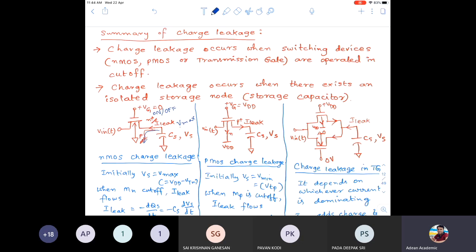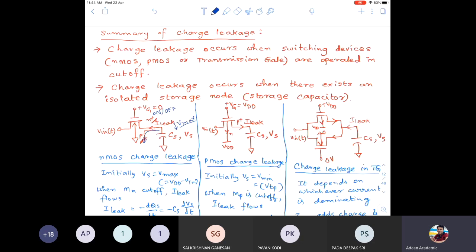That means this capacitor is already at a voltage of Vmax. Now this Vmax decreases because the charge is discharging through this path, so the voltage across the capacitor also decreases. That is the concept. Due to charge leakage, the voltage stored in the capacitor decreases.